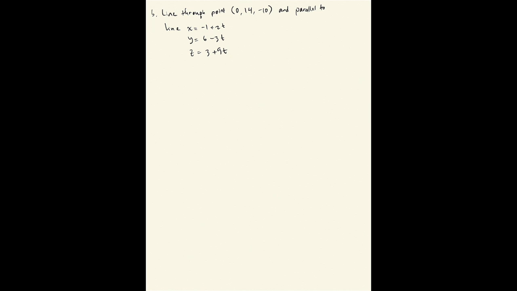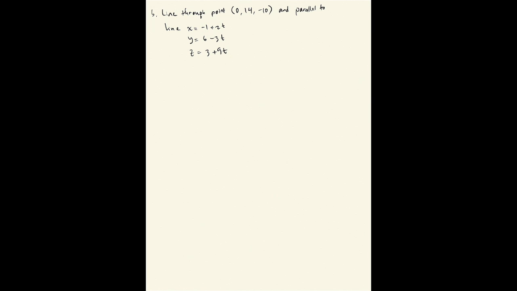First, do you understand the question? You find the v from the clue that it is parallel to this line, right? So just take the coefficients, yes, correct, 2, -3, 9. That's what the direction means.